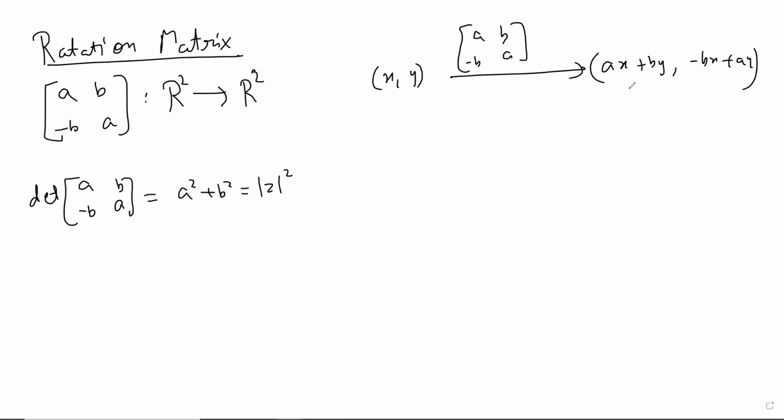What is the relation between the input vector and the output? Expansion might be happening. It is not a translation, because the origin goes to the origin. That is obviously not going to change.